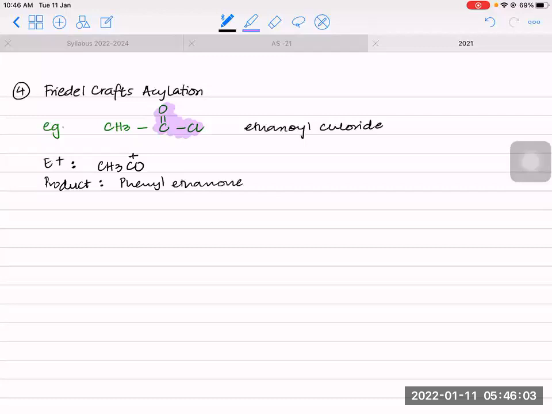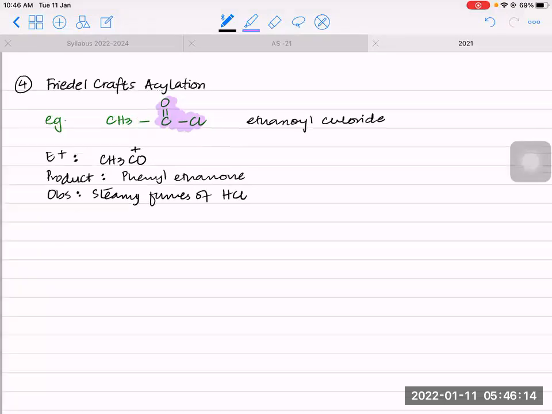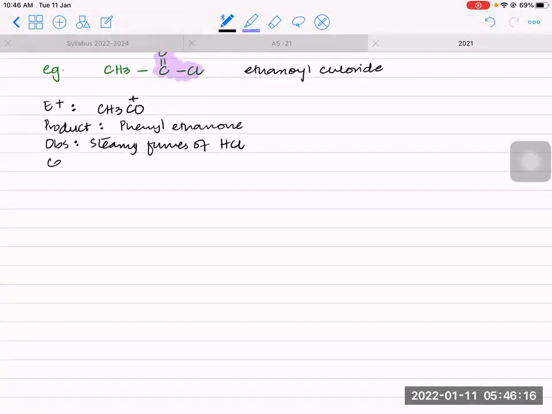We will see that. What will be your observation? Your observation would be steamy fumes of HCl. And what will be the catalyst? The catalyst used would be AlCl3.